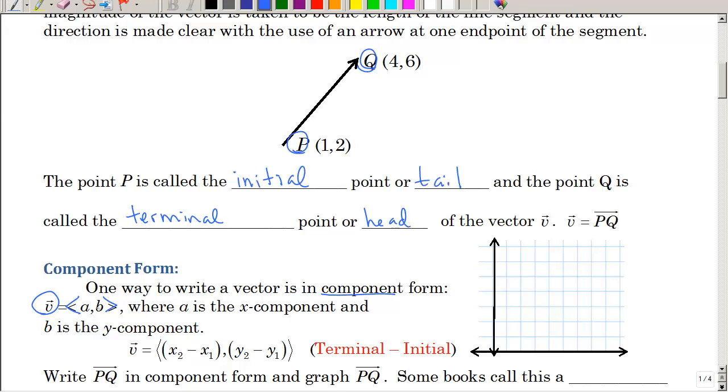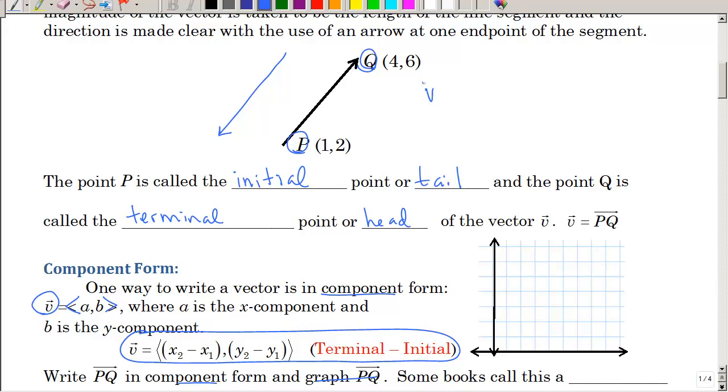So let's look at the vector PQ, and we want to write PQ in component form and then graph it. So we need to know this formula. Terminal minus the initial. Order is important because if you do it the other way around, you're going to get a vector pointing that direction, and again, direction is important.